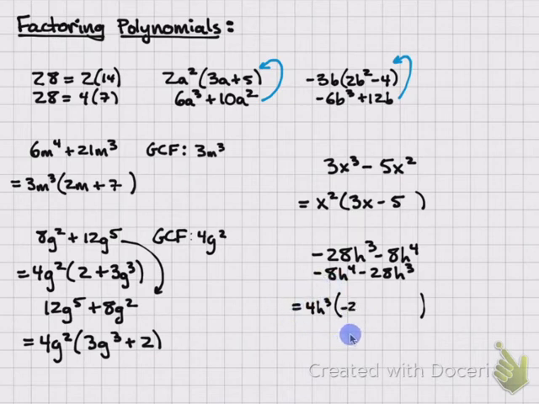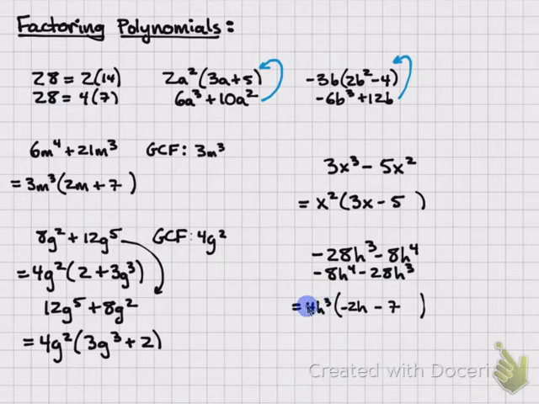So negative 2h. And I think 4h to the third times negative 7 will give negative 28h to the third power. So minus 7. And we have successfully taken our original polynomial and factored out its greatest common factor.